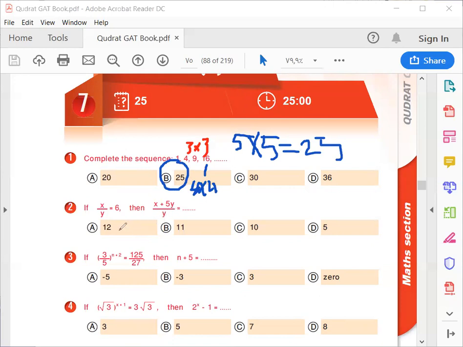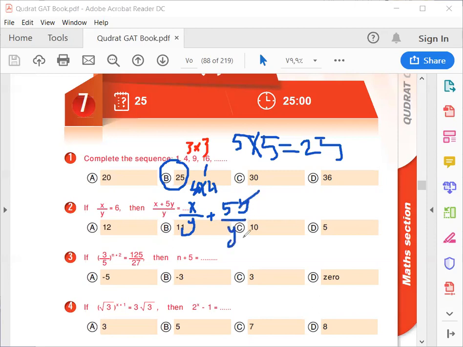Over y. What is the answer? We can solve this problem in two ways. The first way, you can separate the denominator here. You put it as x over y plus 5y over y.